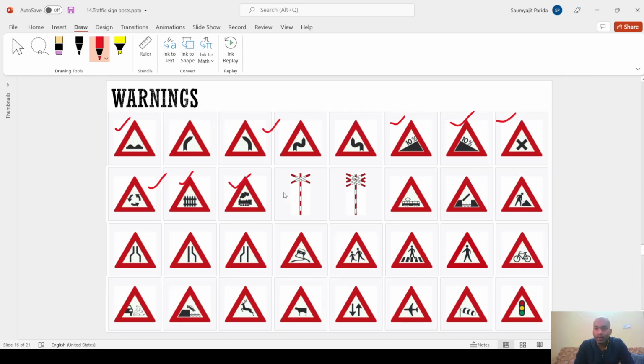Here, I'm approaching a railway crossing, and here there is one track. One track means one railway path available. Here there are two or more tracks available, like two trains or more than two trains can go. Train 1, train 2, and train 3.